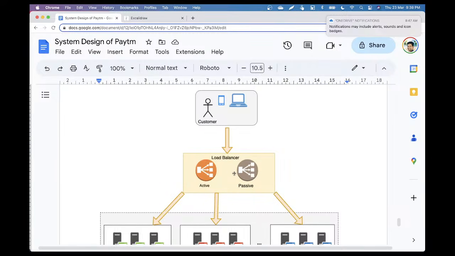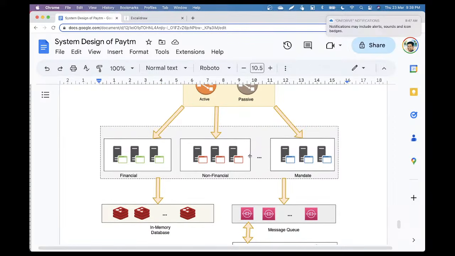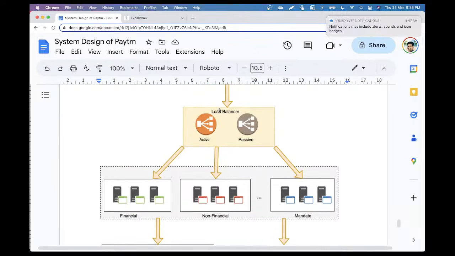So you have load balancers, active and passive. You have servers which are distributed based on different use cases, and load balancing is applied using two algorithms. One is based on the content, forwarding requests to the right servers, and then we are also trying to ensure that there are sticky sessions so that it could perform well.